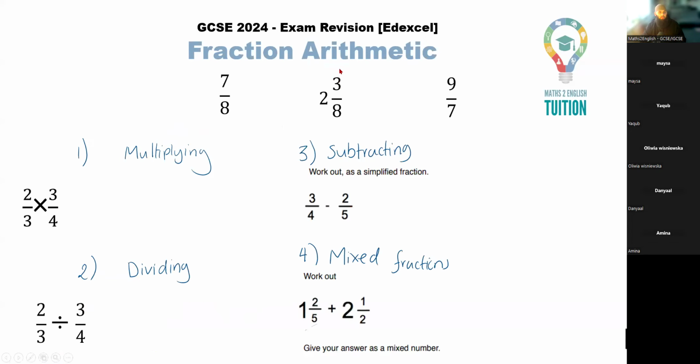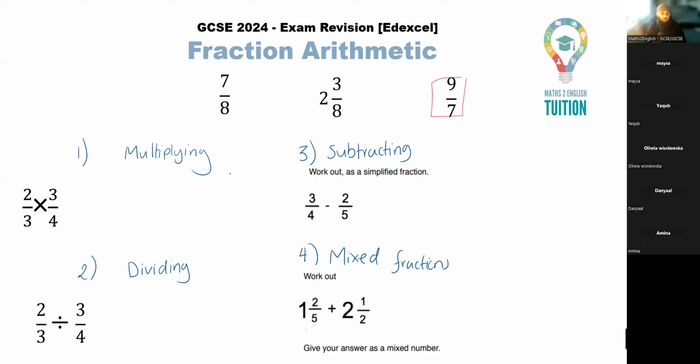Okay, so fractions: multiplying fractions, subtracting, dividing, mixed fractions, okay? Again, when we multiply fractions, we have to know the difference, okay? So for example, this can be turned into a mixed number.